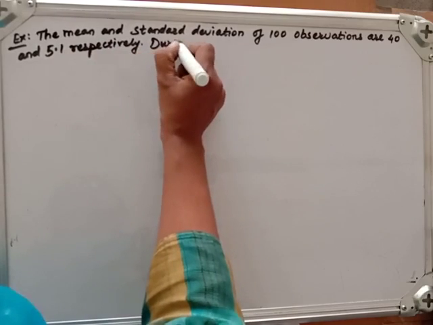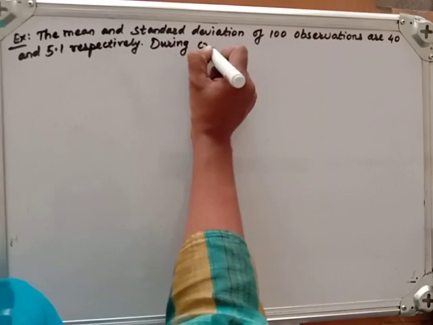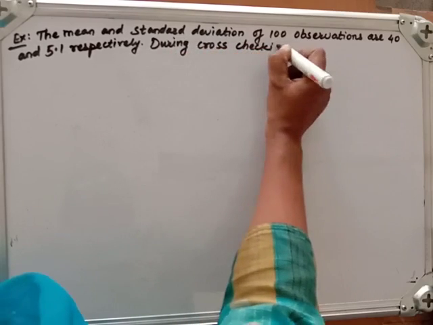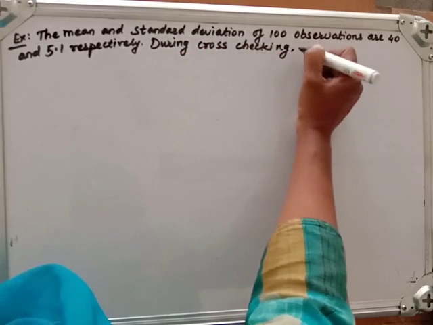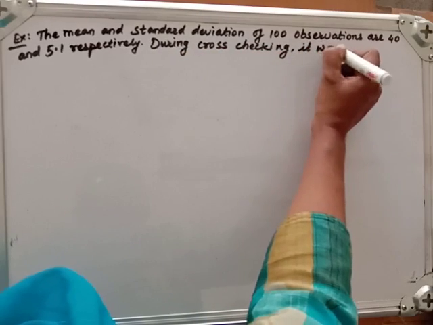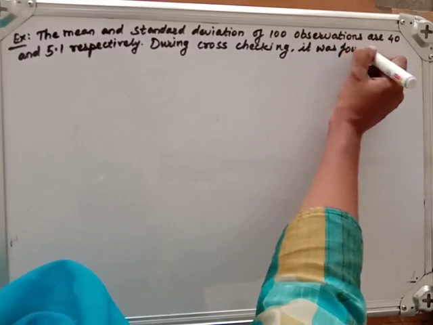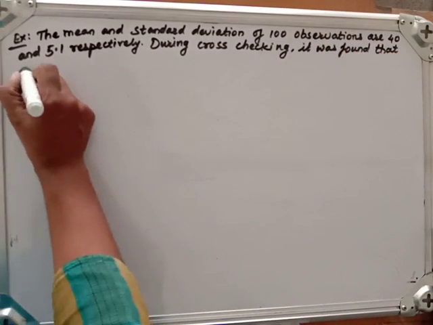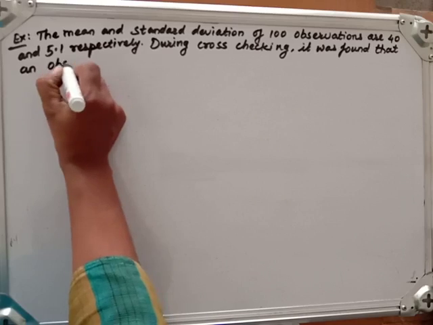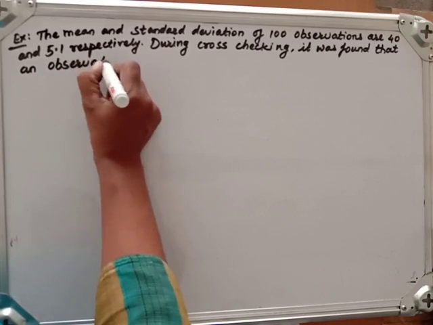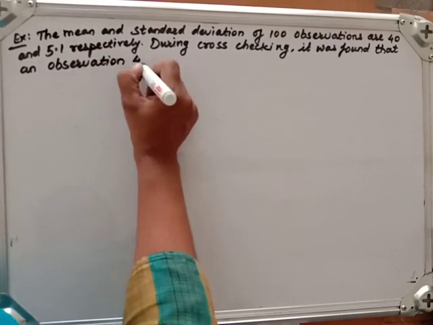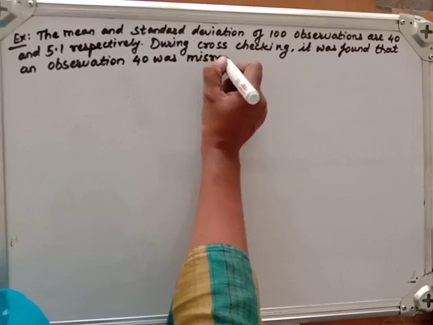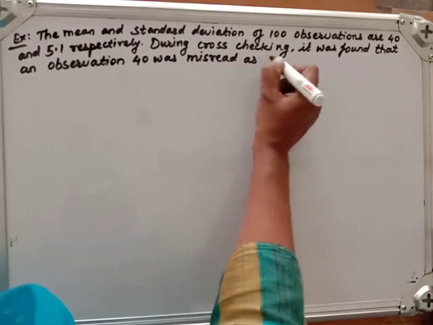During cross-checking, it was found that an observation 40 was misread as 50.